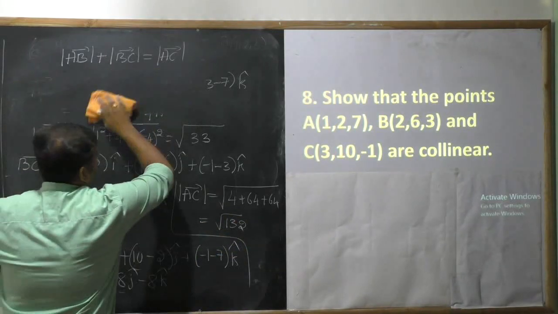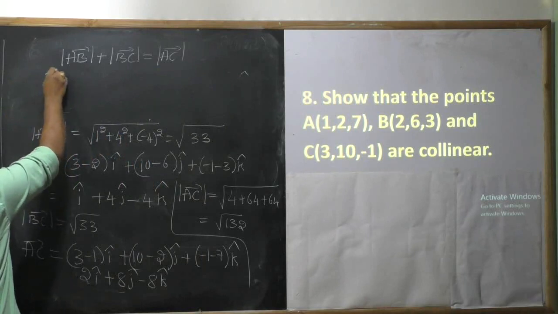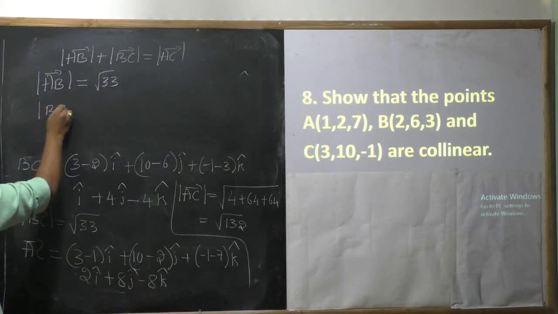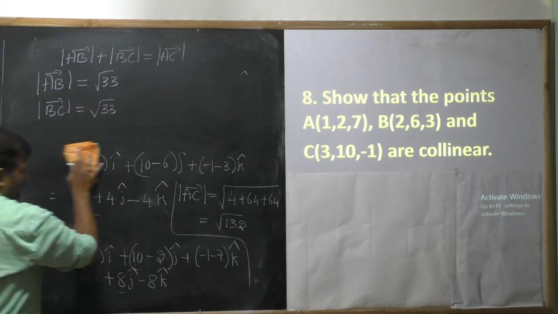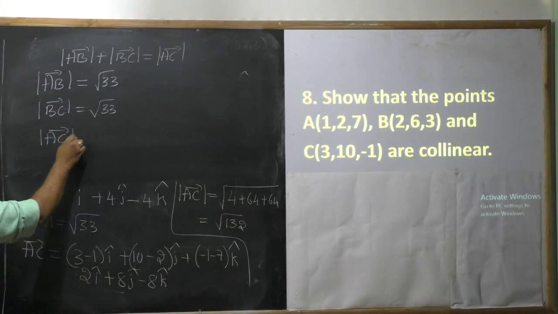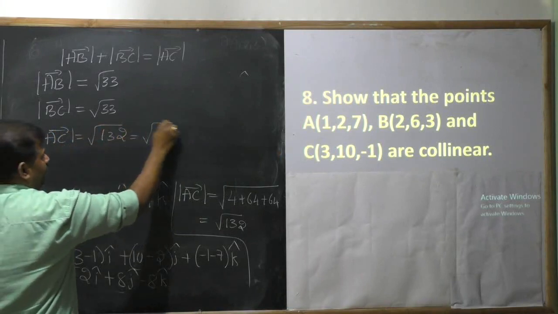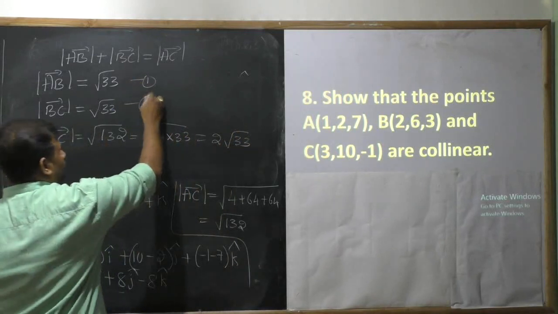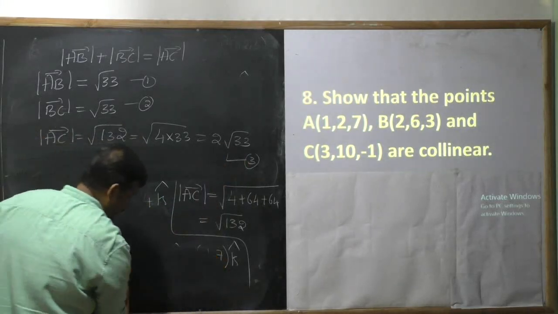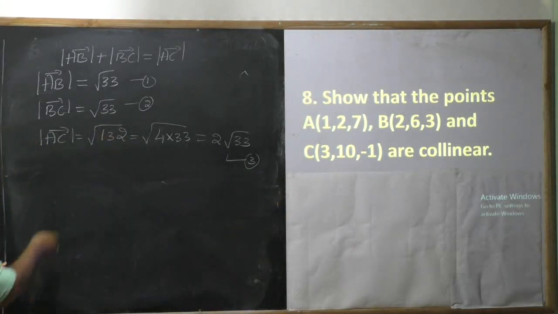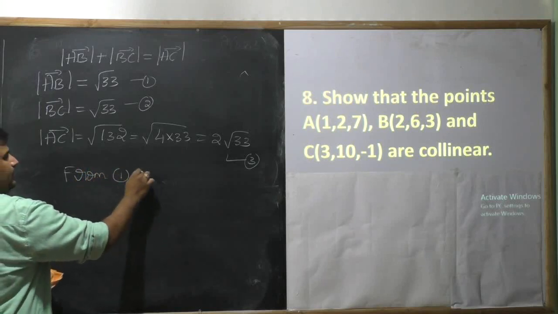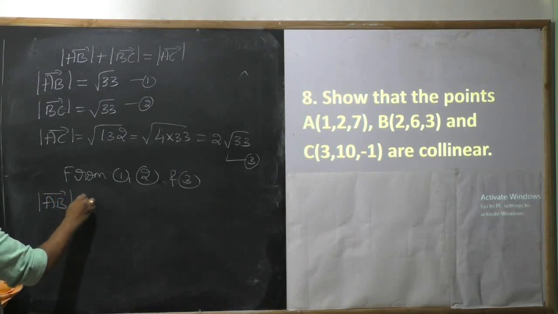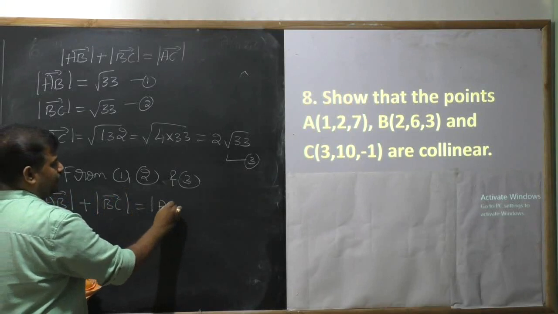So clearly we got the magnitude of vector AB is equal to root 33, magnitude of vector BC is equal to root 33, and magnitude of vector AC is also root of 132, which can be written as 4 into 33, that is 2 times root 33. Taking this as 1, this as 2, this as 3, clearly from 1, 2 and 3 we get the magnitude of vector AB plus magnitude of vector BC is equal to magnitude of vector AC.